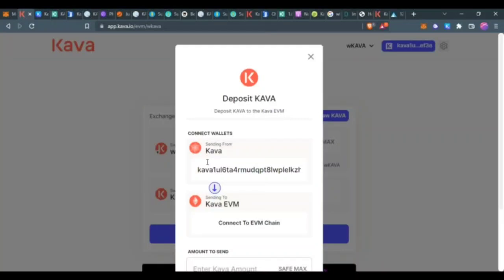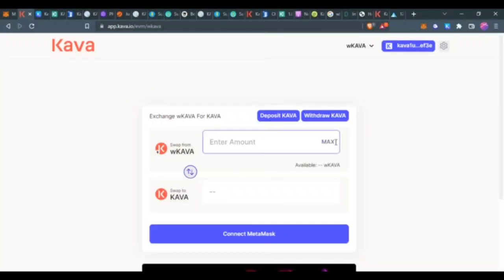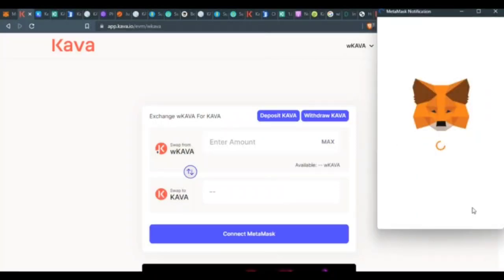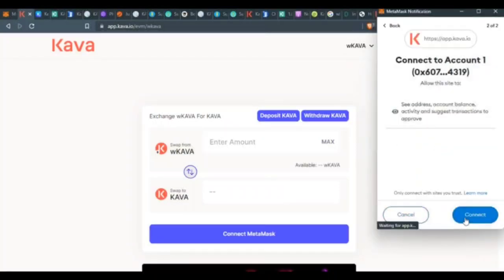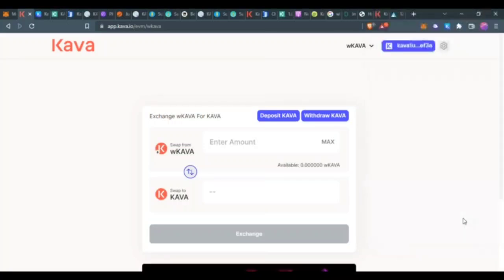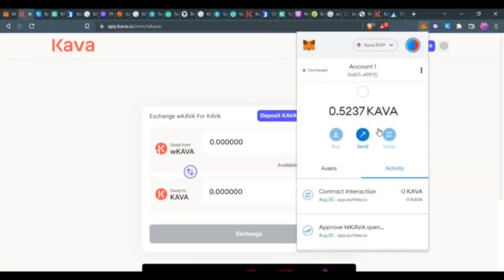So now we would have to deposit from Kava, sitting to the, wait, nope, nope, nope, hold on, wrong way. Oh, there we go. Connect to MetaMask. That's the problem. Let's see, are we connected? There we go. So I gotta have the wrapped Kava. Right now I got Kava.